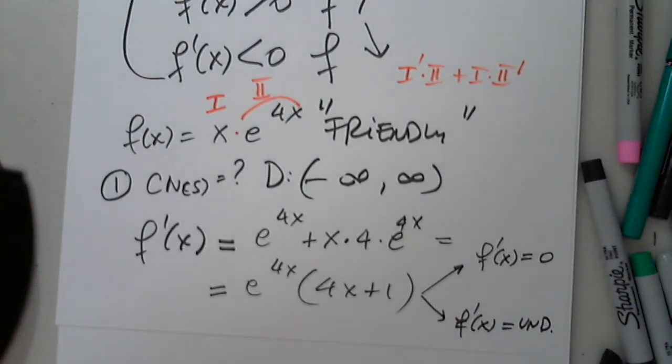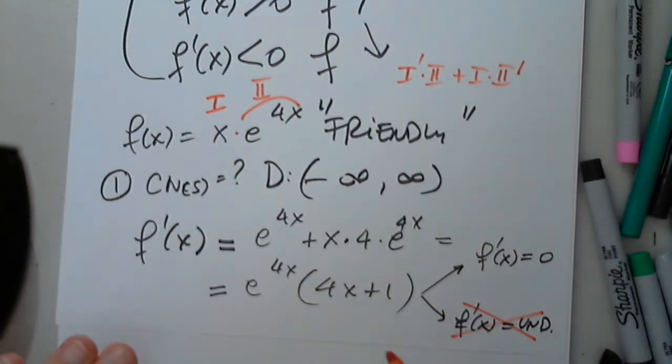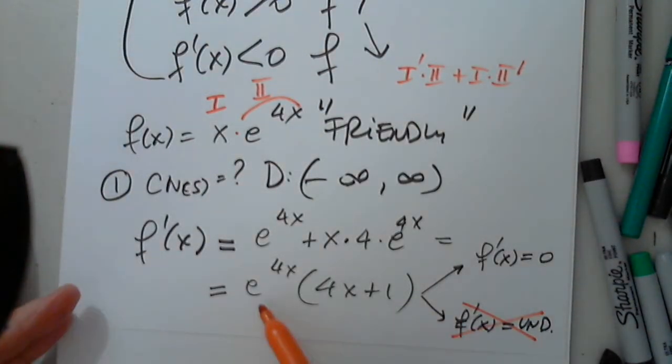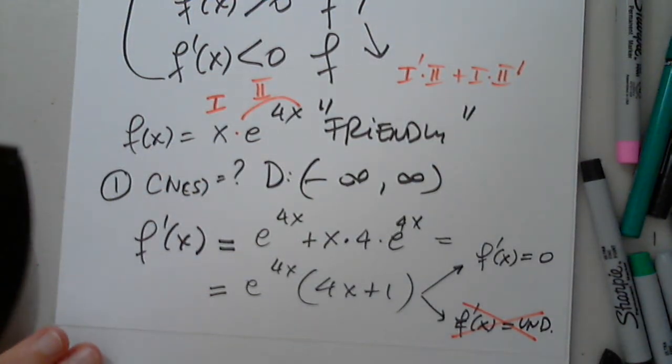Because I'm looking for critical numbers. No. Absolutely not. 4x plus 1 is polynomial, and e to 4x is always defined. So, good.